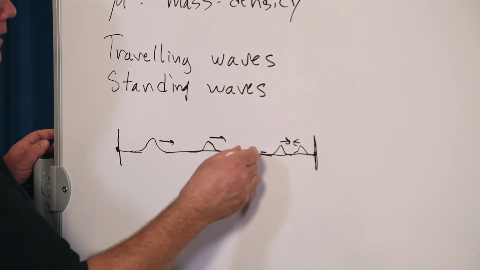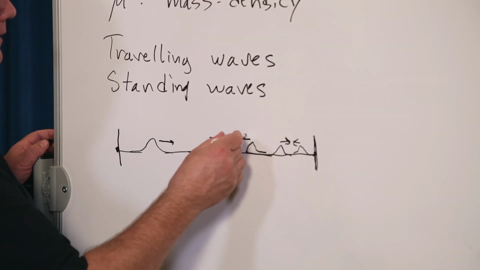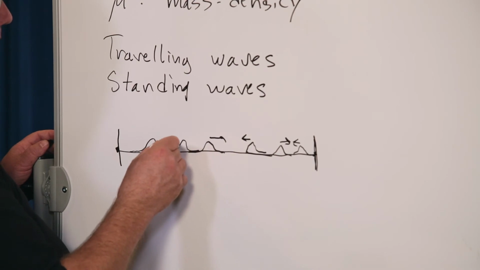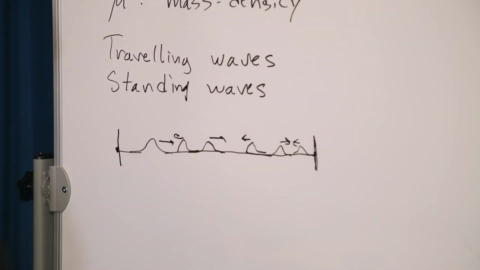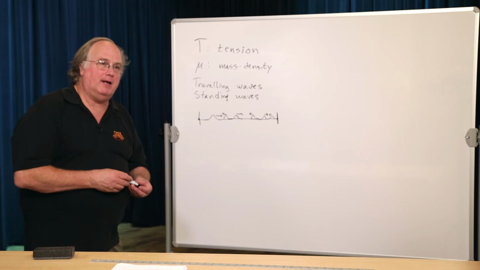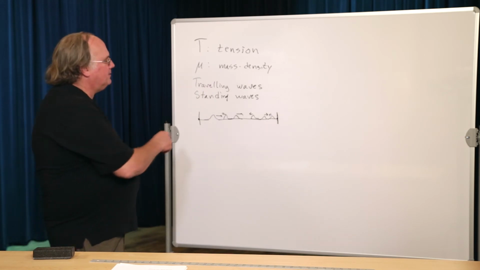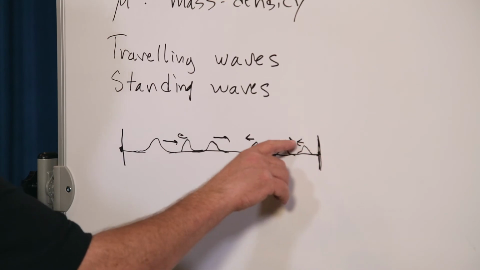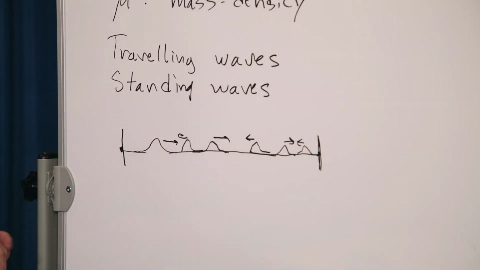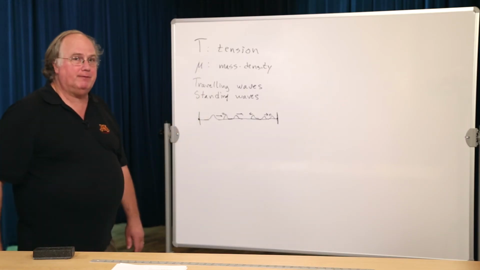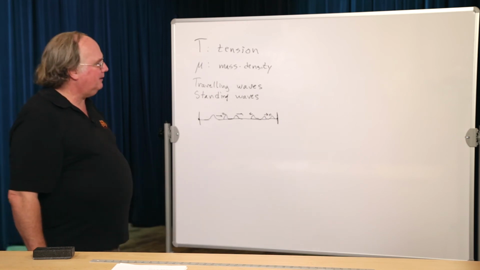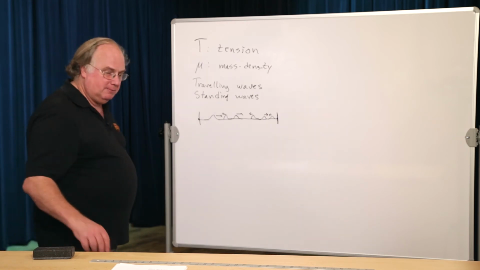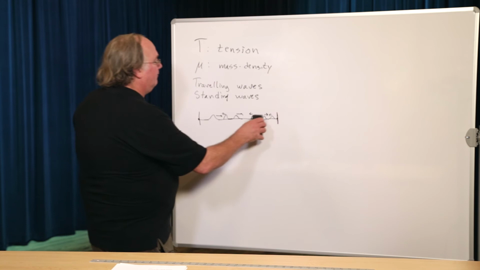So you get this wave pulse now traveling back this way. You would have a little wave pulse that goes down the string, hits the wall, bounces back. That's a traveling wave. The wave is actually moving and going somewhere. That's one kind of wave.